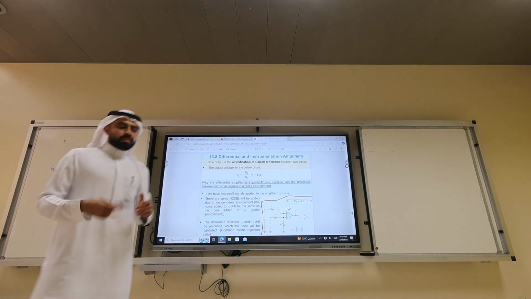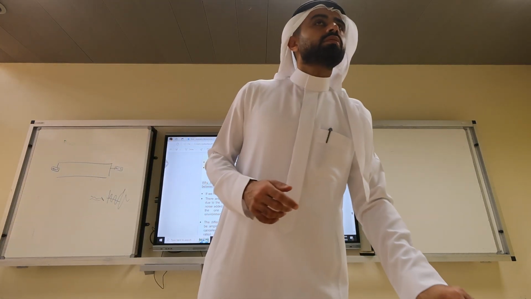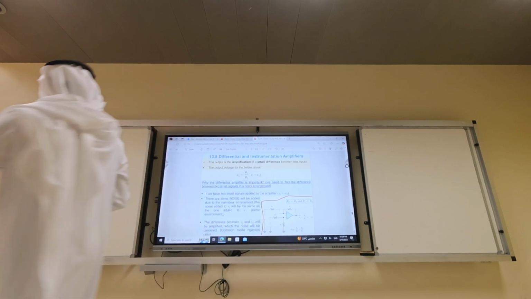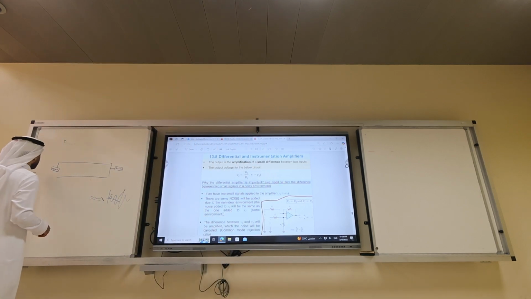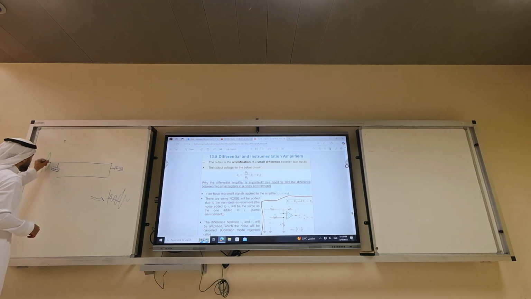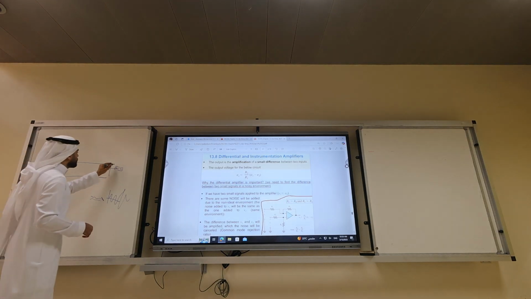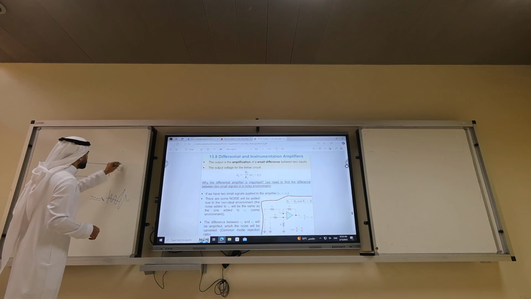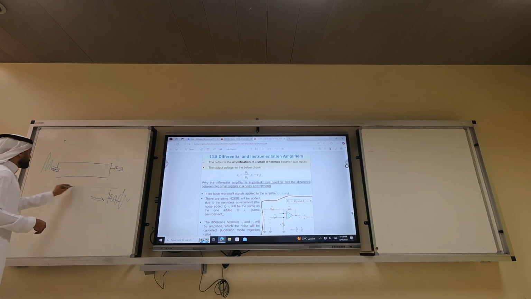But again, to know the pressure, you need to measure the difference between 2 points, right? For example, here we have very high pressure, and here we have very high pressure, we subtract them, and we get what we call the pressure difference, right?